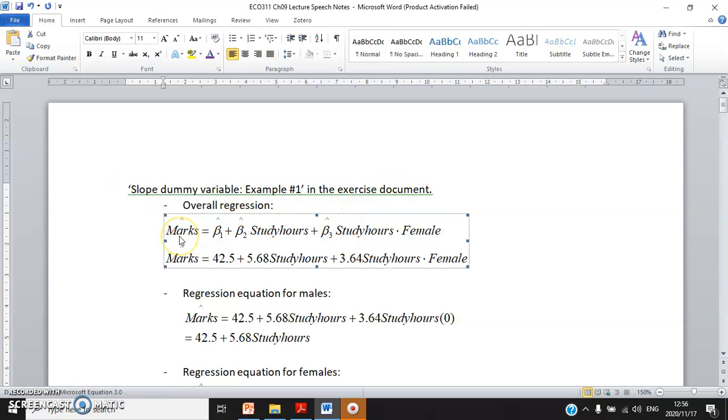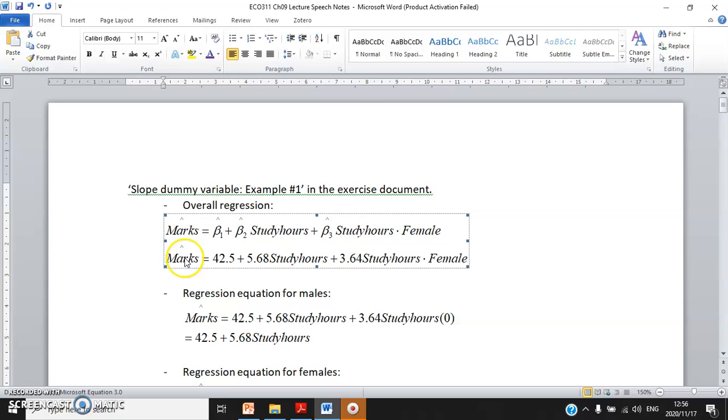So this is the regression, marks explained by study hours, the normal quantitative variable. And if you see the product between a quantitative variable and a dummy variable, this whole product, we call it the slope dummy. Study hours times female. This whole thing is called a slope dummy. And we count the product of the two as one explanatory variable.